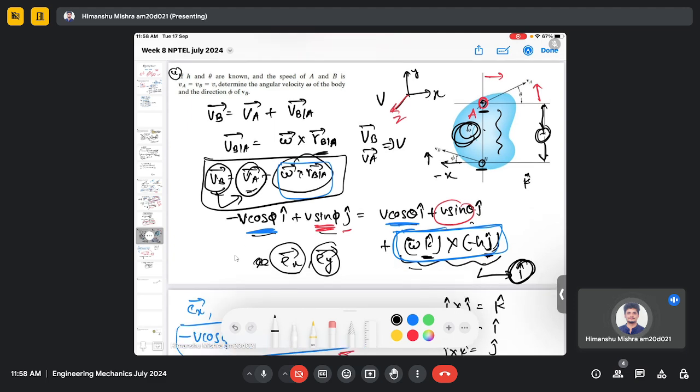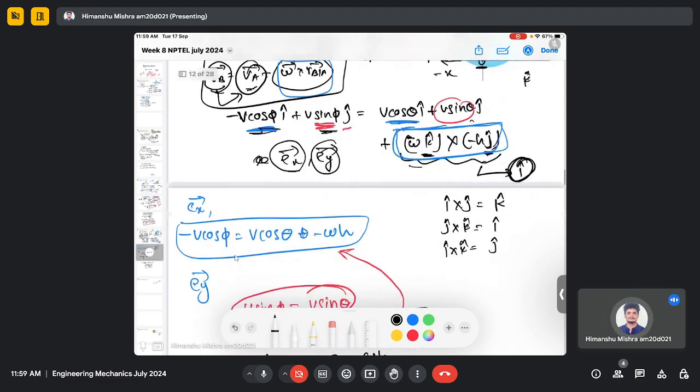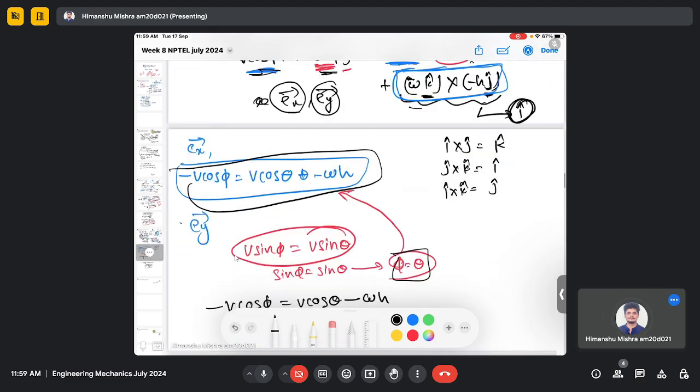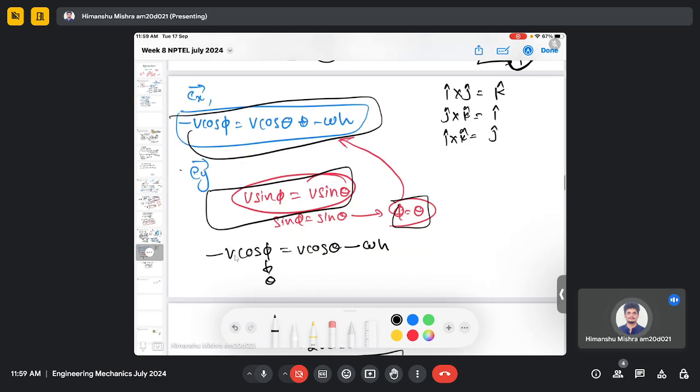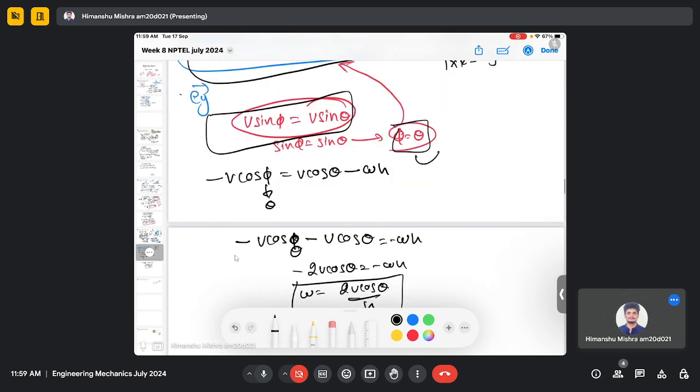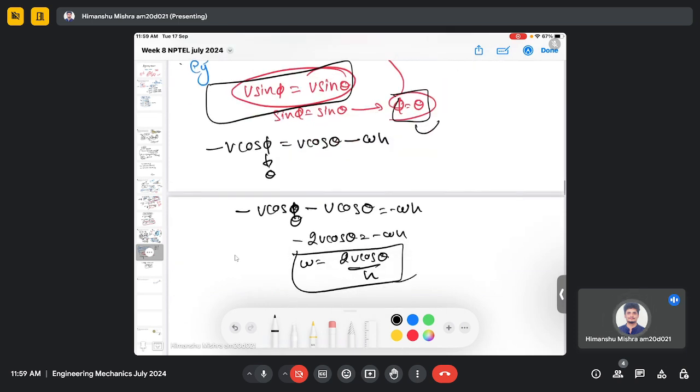So since it is a two-dimensional problem, I write the velocity in component form, and then we separate out the x component and y component. So we got the two equations, and from these two equations we can find the angle phi and the angular velocity.